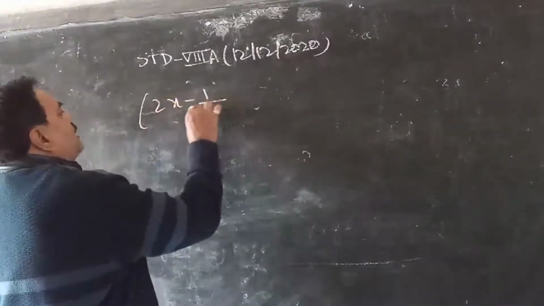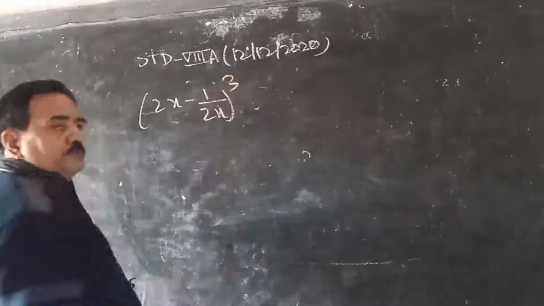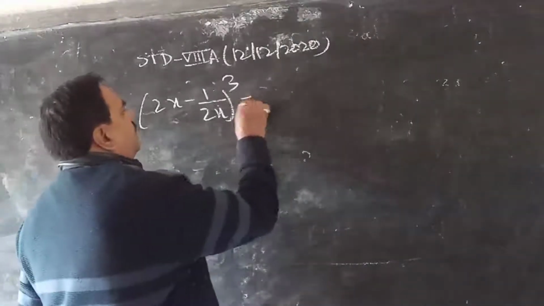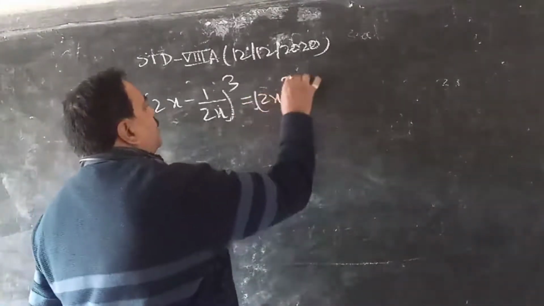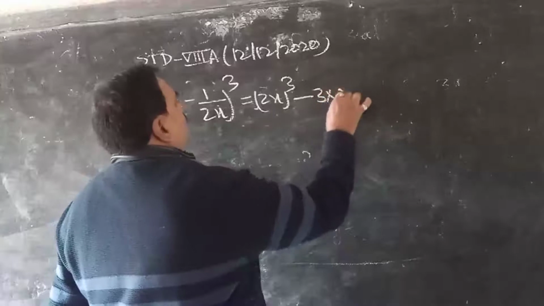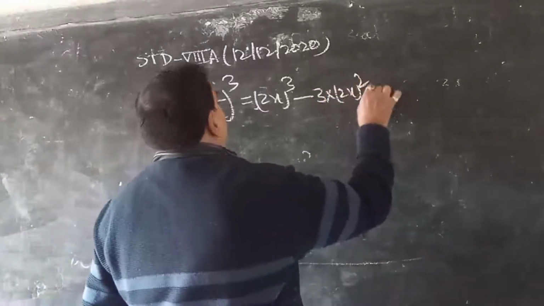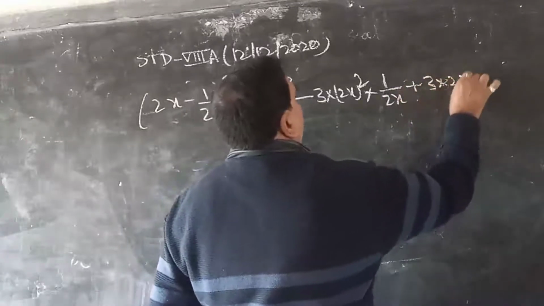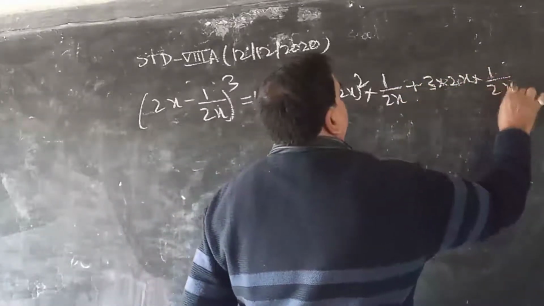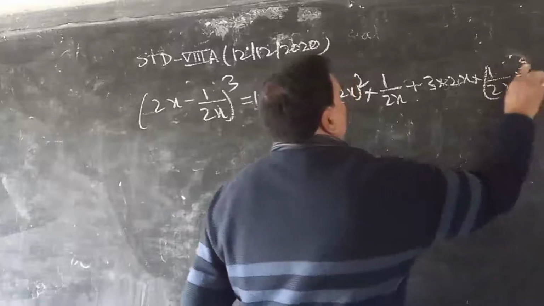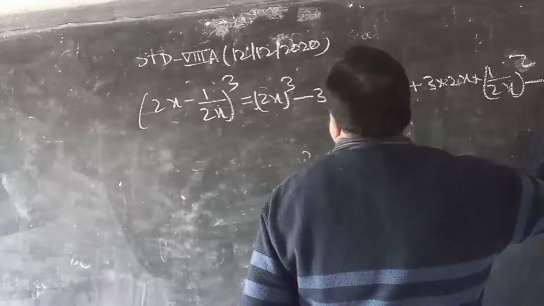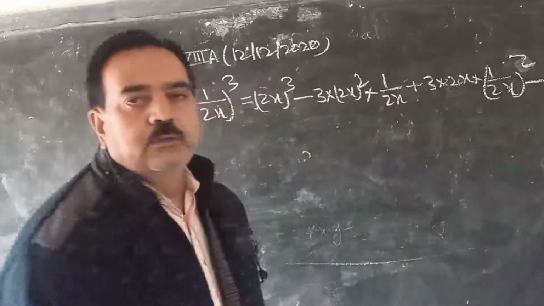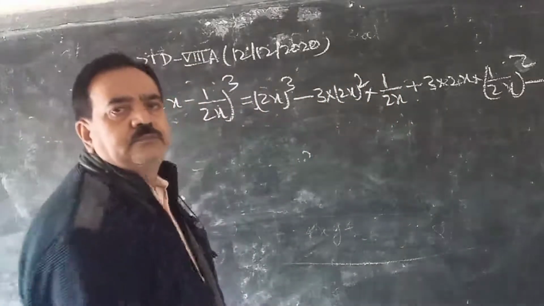(2x - 1/2x) whole cube. This is (2x) cube minus 3 (2x) square into 1/2x plus 3 into 2x into (1/2x) square minus (1/2x) cube.